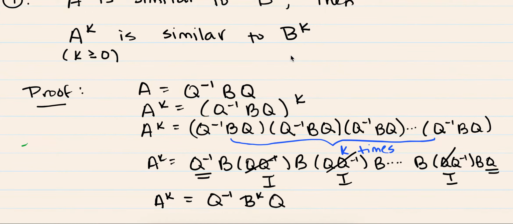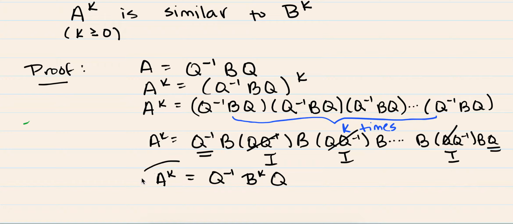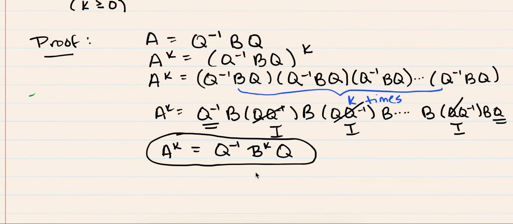This is actually something very important, because if you have a matrix that you want to multiply by itself K times, let's say it's a really big matrix and it's really hard to do that, let's say you have some kind of computer program, it's taking a lot of time, but you know that it's similar, let's say, to a diagonal matrix. So if you have a diagonal matrix, let's say the matrix looks like something like this.